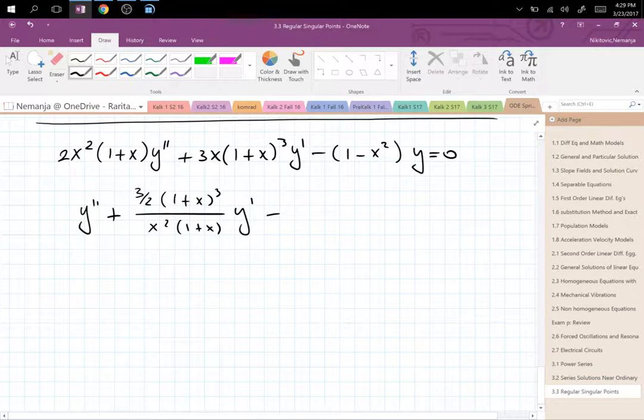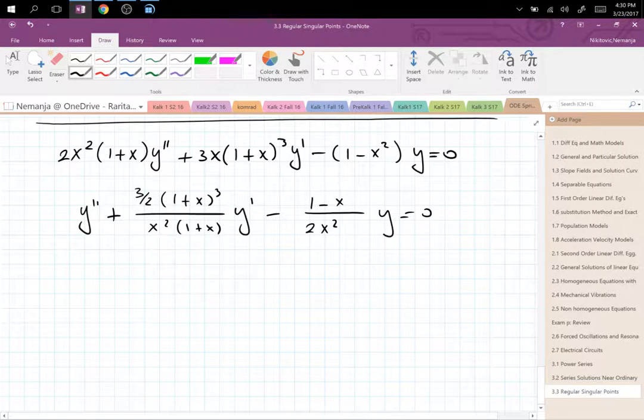And I hope you see that 1 minus x squared is 1 minus x times 1 plus x, so one of them cancels with the 1 plus x that I'm dividing by. So 1 plus x canceled, 1 minus x remains, divided by 2x squared, y equal to 0.